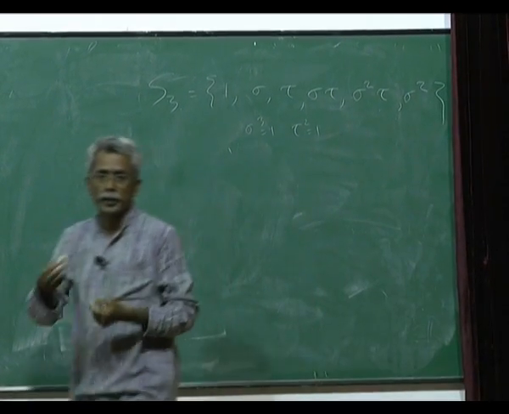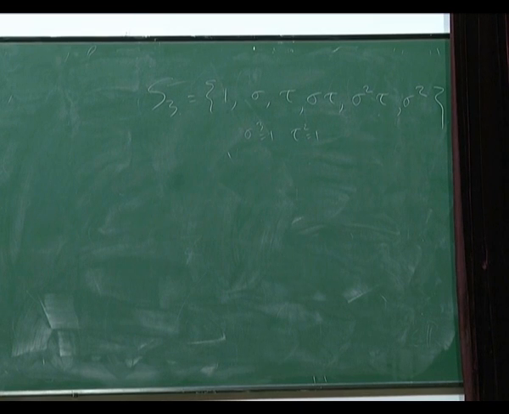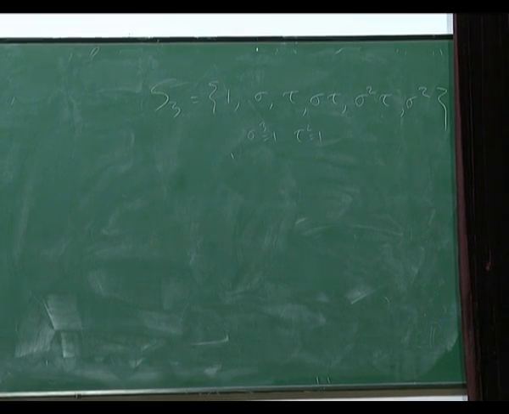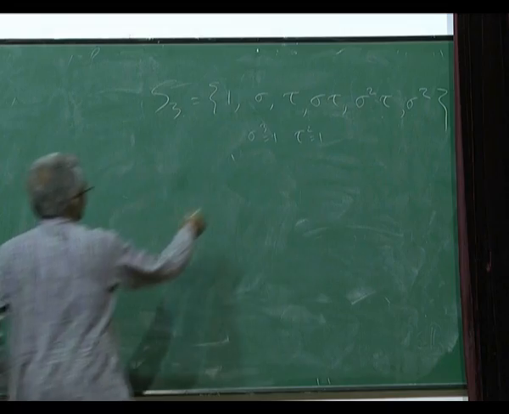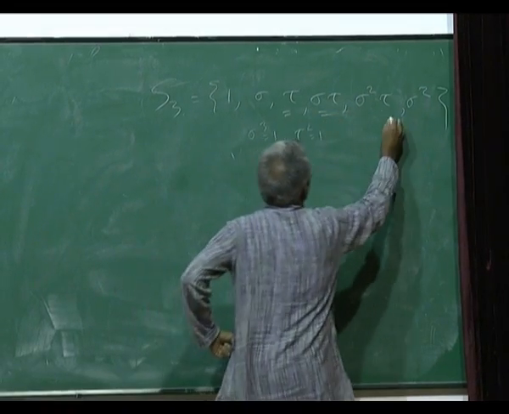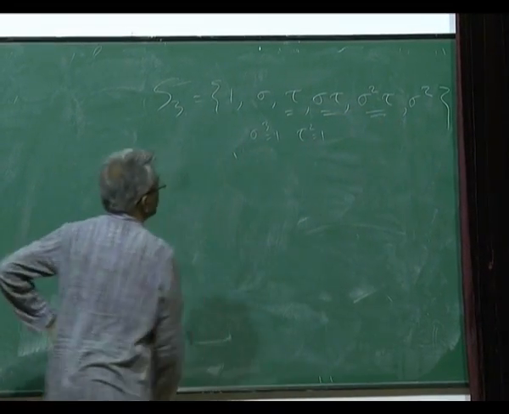The cyclic group generated by that, I forgot about that. Now, see, you have these 3 elements, tau, sigma tau and sigma square tau.